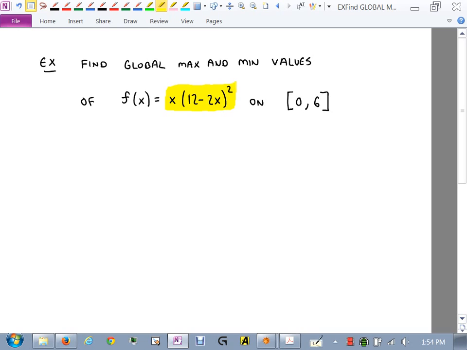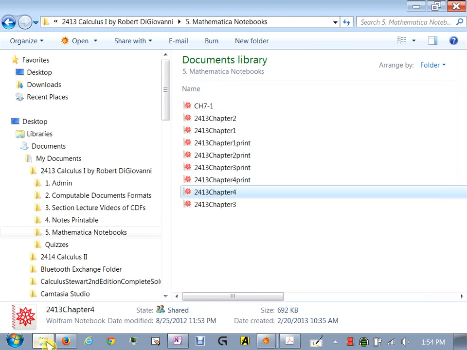What type of function is that? Almost quadratic. If I squared this, it would be quadratic, right? And then I multiply everything else through by x. It would be x cubed something. That's a polynomial function, right? Are polynomial functions continuous?